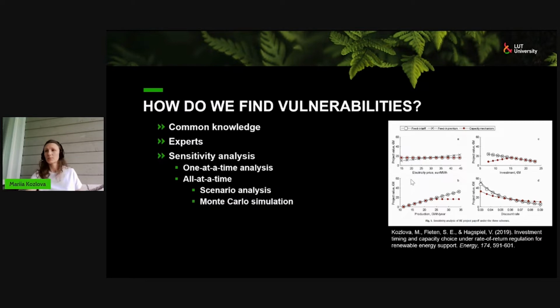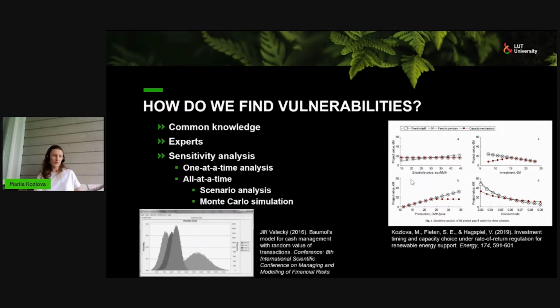Then there is a possibility to run Monte Carlo simulation, so a probability distribution would result from there. And then all the factors are changing at the same time simultaneously, but this can be combined with scenario analysis, as we can see in the picture, and several probability distributions can even be displayed on the same graph. We have seen it even at this conference. Louis was showing something like that as well, right?